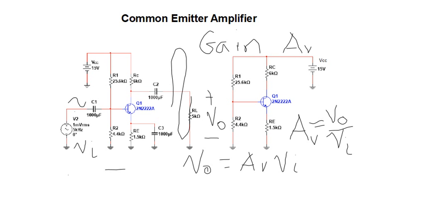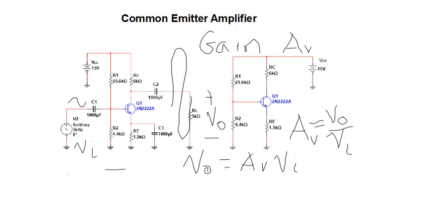Now, for AC, we have chosen the capacitors so that they are short circuits for AC at this frequency. We're at 5 kilohertz. You can calculate it out, find the reactance just like we did earlier in the semester for capacitive reactance. It comes out to be something like 0.026 ohms. So that's essentially a short circuit for AC.